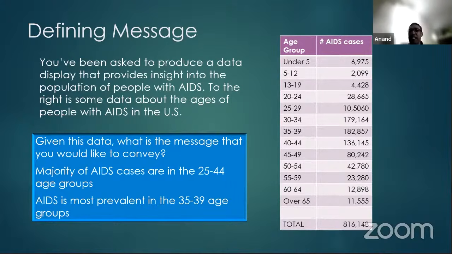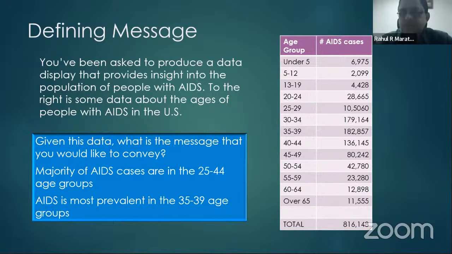Now, a simple example. On the right, what you see is a table where we have shown the number of people at various age buckets and number of AIDS cases. So now what is it that you want to show? Now, my display will be this one. If I look at this, I can look at several messages that I might want to communicate with the same data.